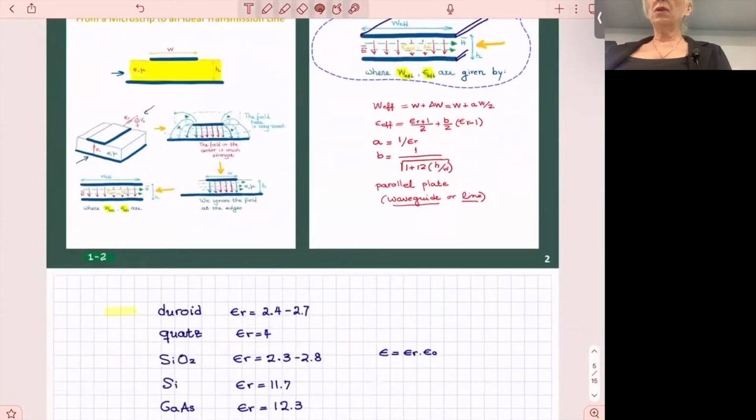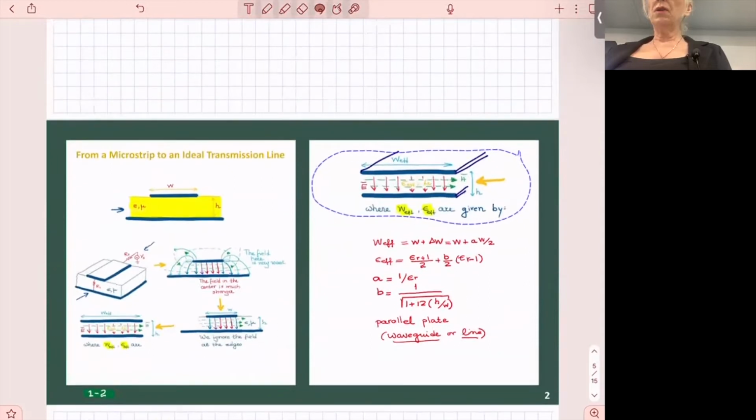But we have changed slightly the geometry of the width of the line. The long dimension is the dimension of propagation. So this is the long dimension, and this is the width, W. The thickness remains unchanged. We modify the width and we modify the electric constant of the material.